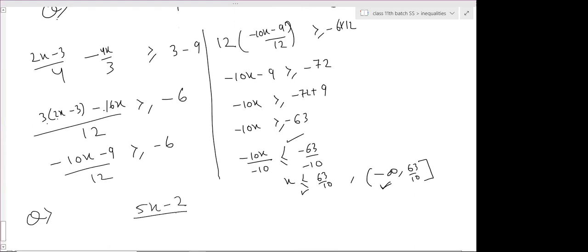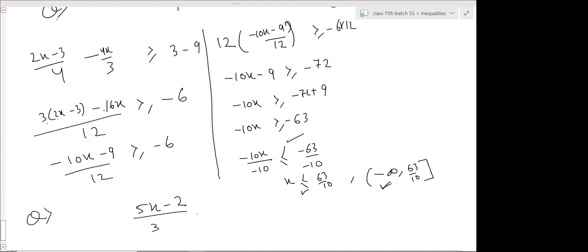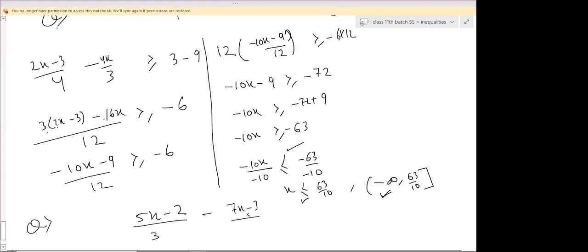5x minus 2 upon 3 minus 7x minus 3 upon 5.